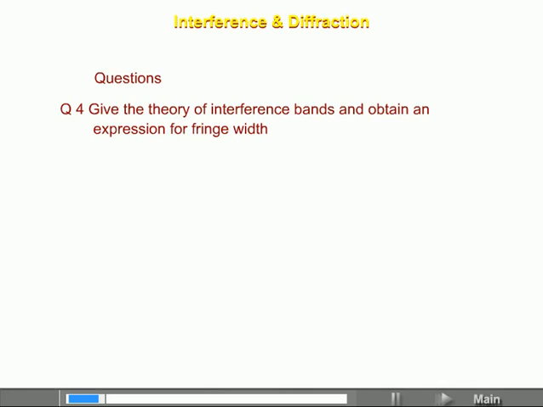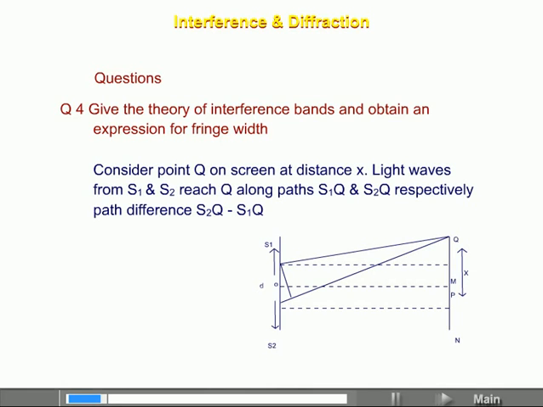Give the theory of interference bands and obtain an expression for the fringe width. Consider point Q on screen at distance x. Light waves from S1 and S2 reach Q along paths S1Q and S2Q respectively. Path difference is S2Q minus S1Q.